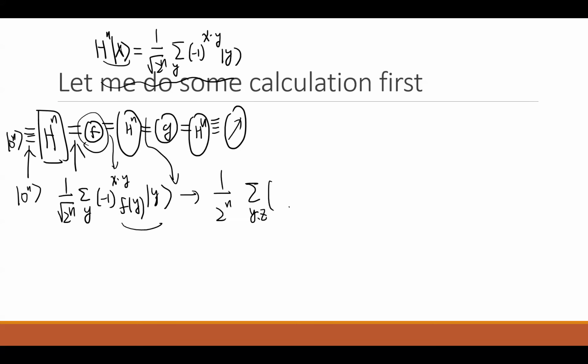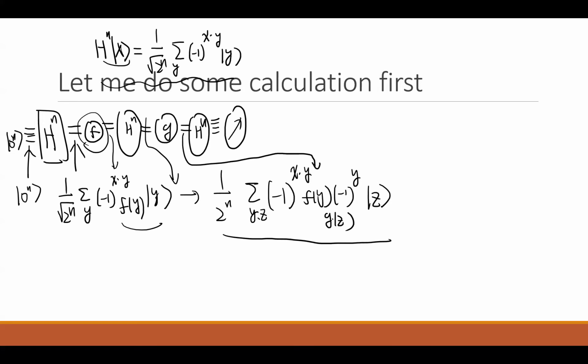You get minus 1 to the x dot y, f of y, minus 1 to the y dot z. Good? Now you apply g again, so you get an extra g of z. So now we are already here, g of z. Now you apply a final Hadamard again and you measure.